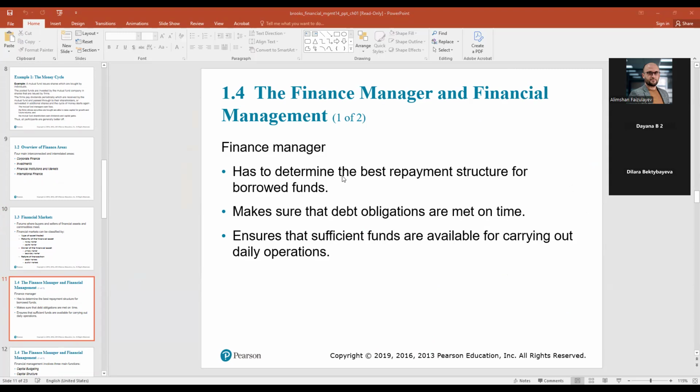The finance manager and financial management have to determine the best repayment structure of the borrowed funds. If the company is involved in borrowing, they have to determine in advance how much money should be paid now, how much next month, 2 months from now, 3 months later. Why?